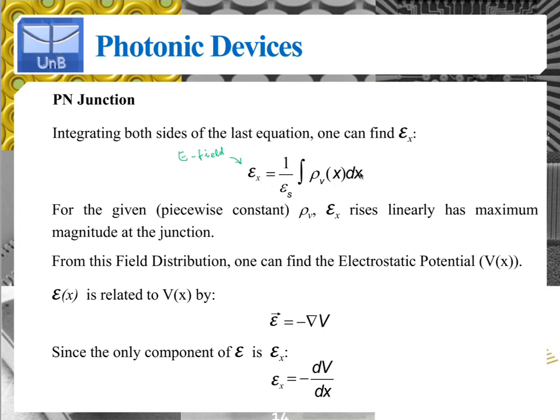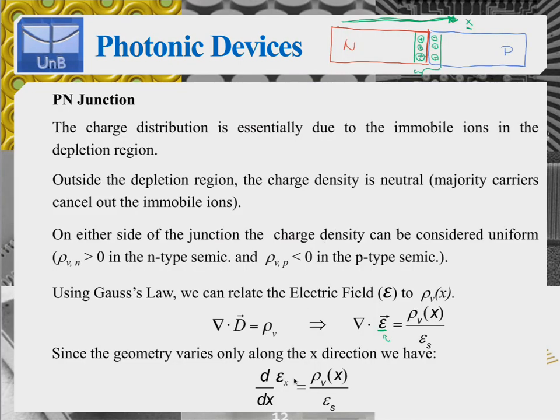Okay, so just to be clear, this is the electric field, which will only be composed of the x component. Now we need to integrate both sides, so we have to integrate the charge density throughout the junction. So this came about by integrating this expression here. The left hand side is Ex itself, and now we have to integrate this side. The permittivity is constant, so the only thing that goes into the integrand is the charge density itself.